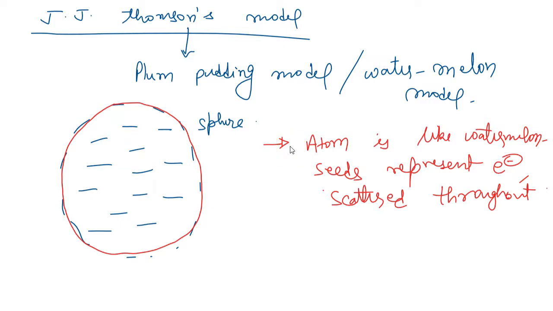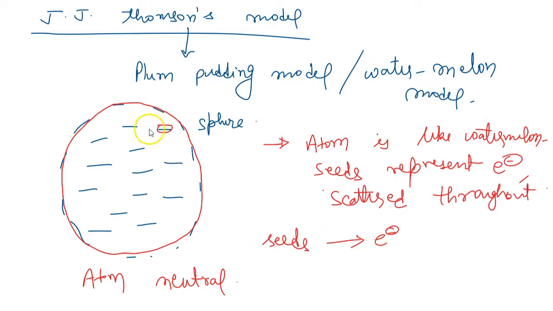It is just like a watermelon, where the seeds in the watermelon are similar to the electrons, and he just said that atom is electrically neutral. Atom is neutral, and if seeds are negative charges, that means they must be balanced by equal and opposite positive charges.